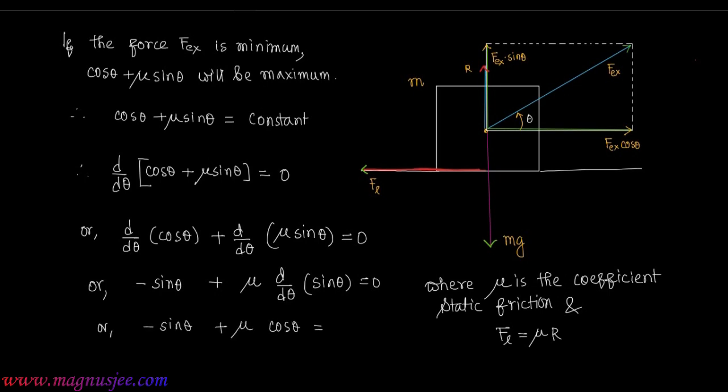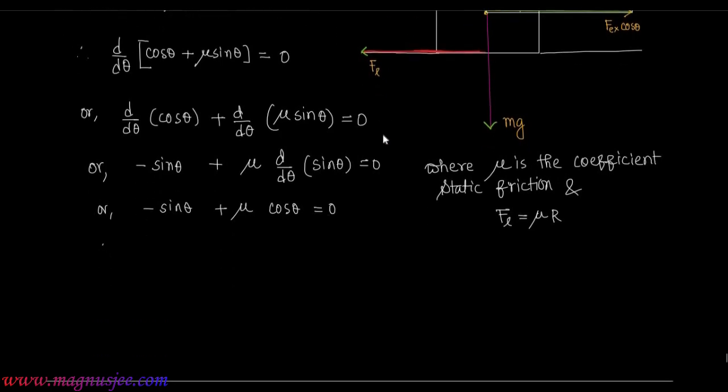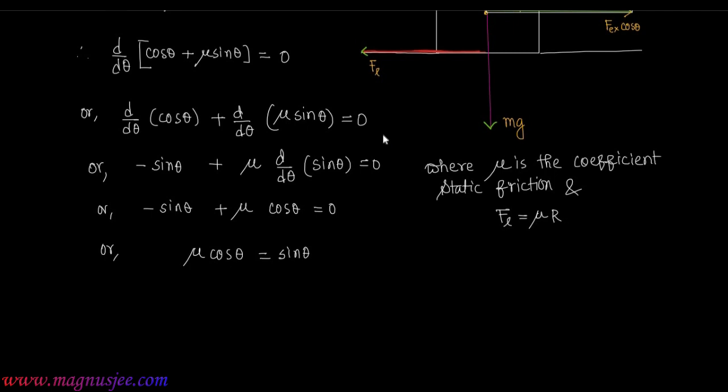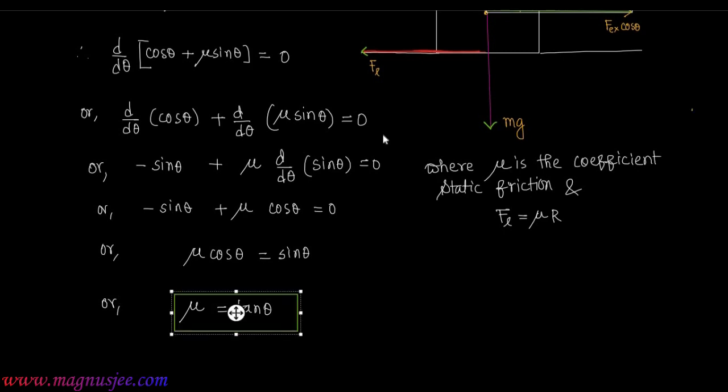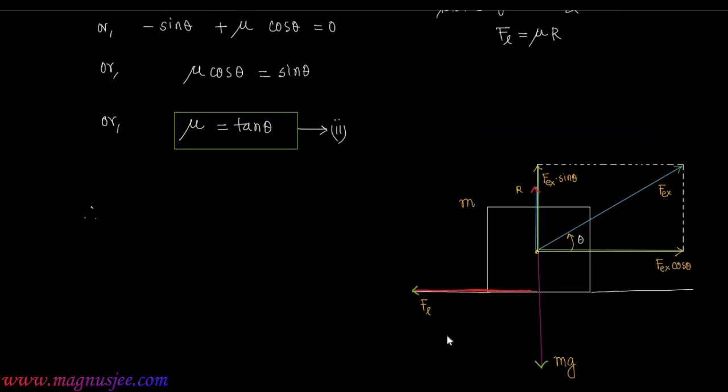So minus sin theta plus mu cos theta equals 0, or mu cos theta equals sin theta, or mu equals tan theta, where theta is the angle with which the pulling force is applied.